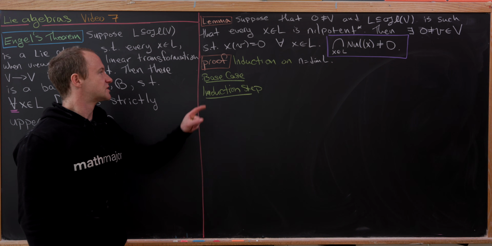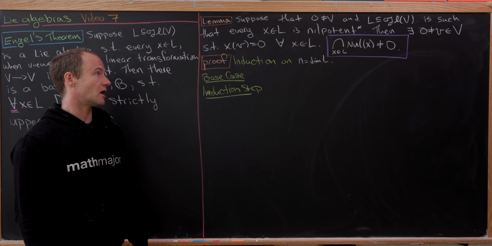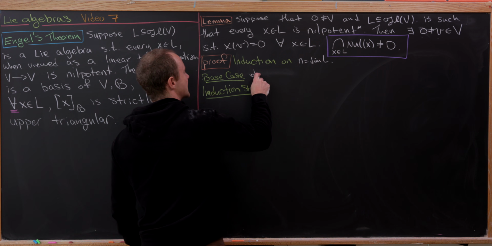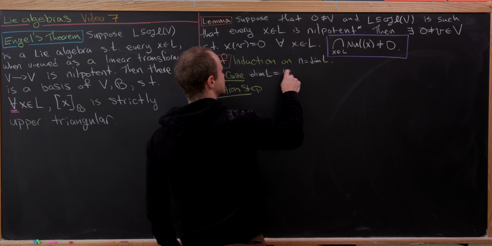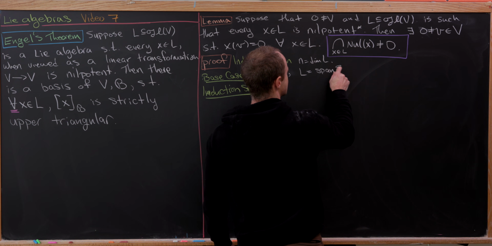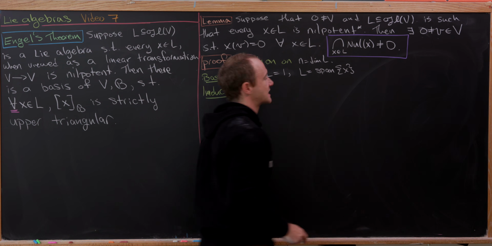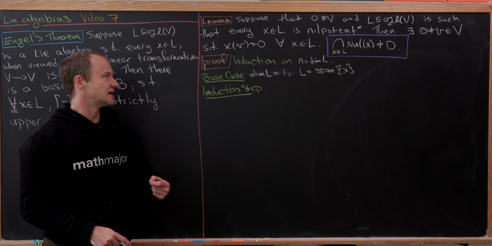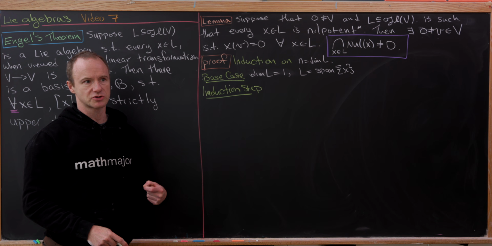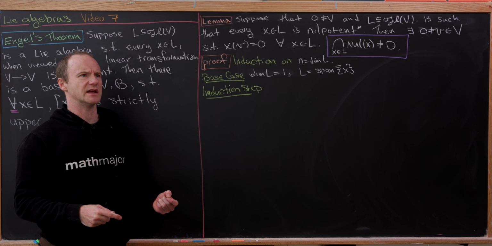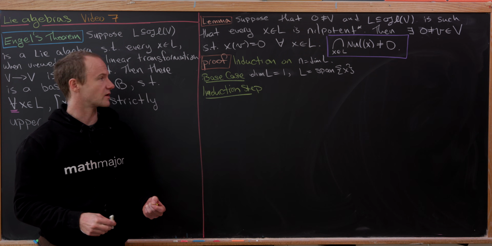Okay, great. So we're going to do this by induction on n, which is the dimension of L again. Starting off with the base case, which is the dimension of L is equal to 1. In other words, we can write L as the span of x. But let's notice that if x is a nilpotent linear transformation, then we can find a basis where it is written in upper triangular form.